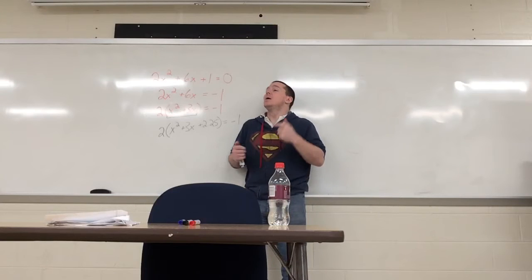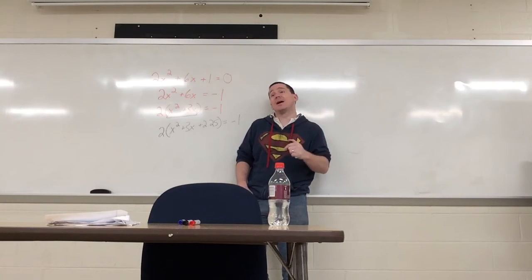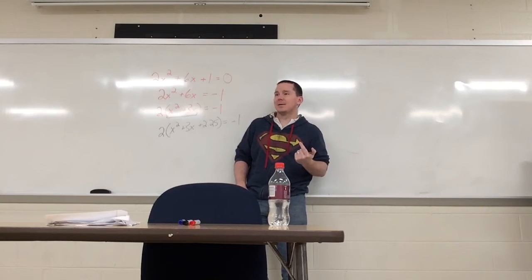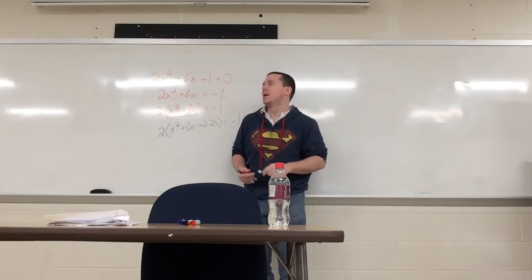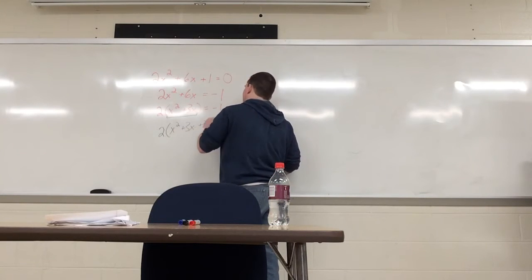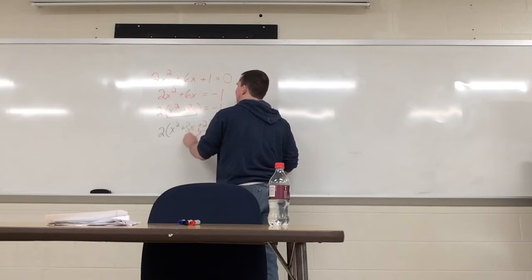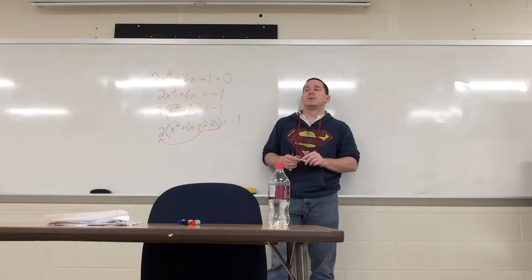But again, the rule: whatever we add on the left, we have to add on the right, right? So what do I add on the right? 2.25? No. We didn't add 2.25 on the left. And this is the one trick, and this is why people do it different ways. Technically speaking, if you distributed this out on the left, I didn't add 2.25, I added 2.25 times 2, which is actually 4.5.